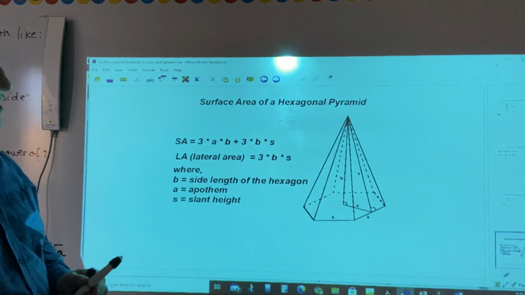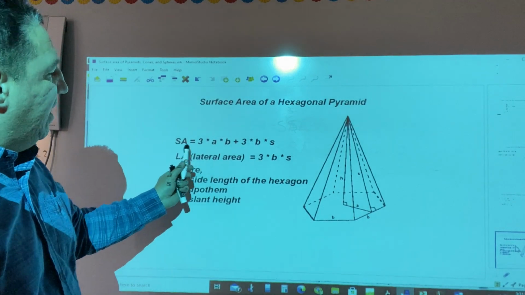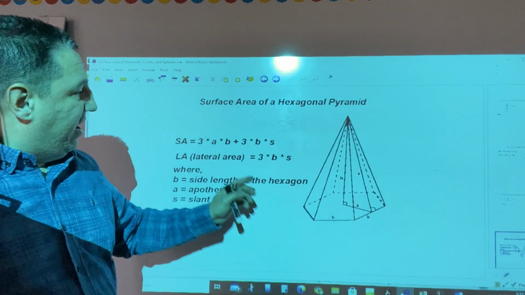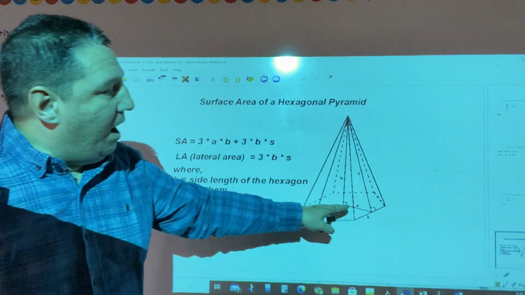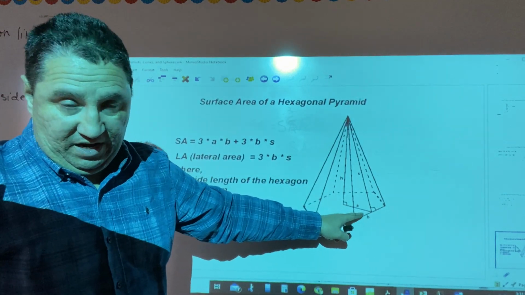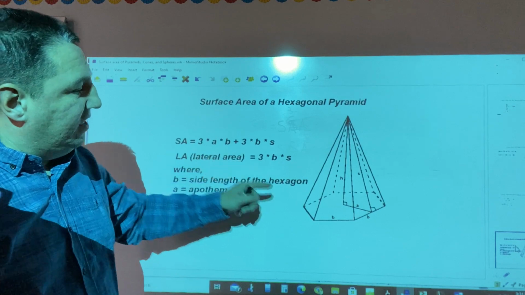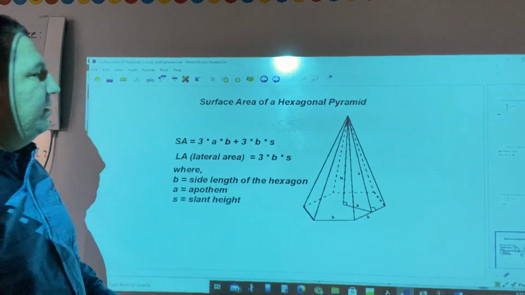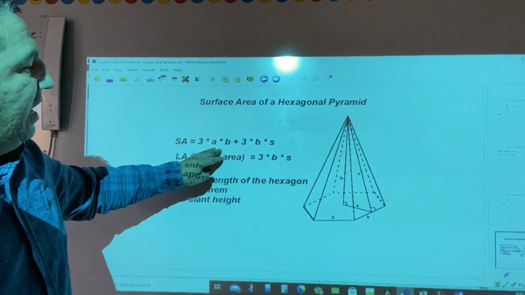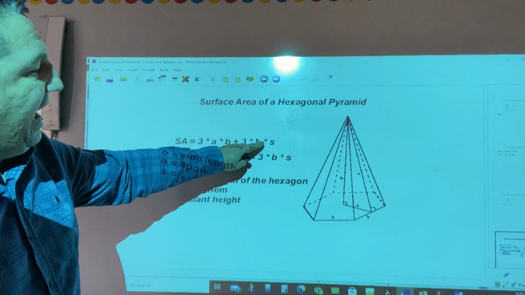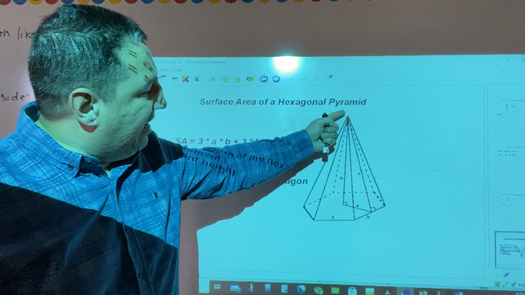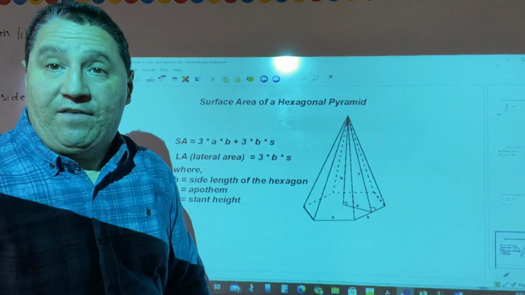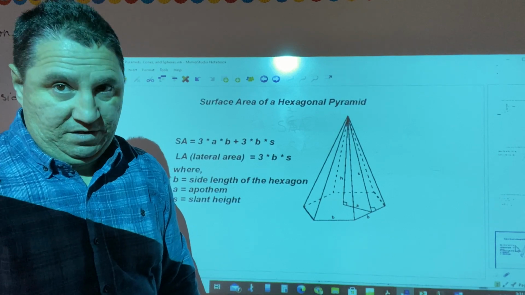For a hexagonal pyramid, surface area is given by this formula, where A is the apothem of the base of the hexagon, B is the length of the side of the hexagon, right? And S is the height of the side face of the pyramid.